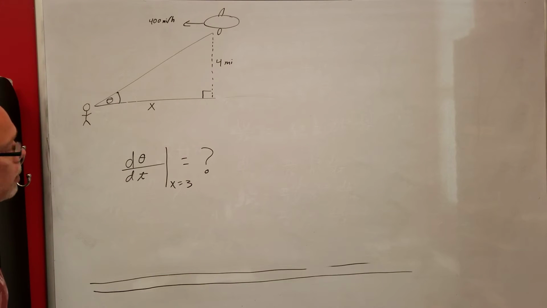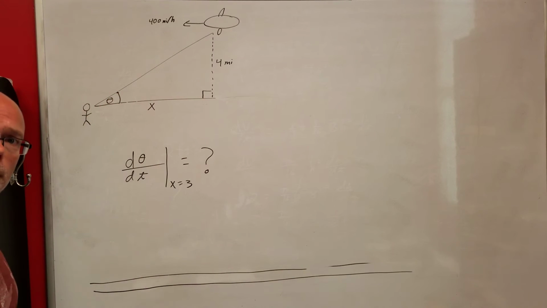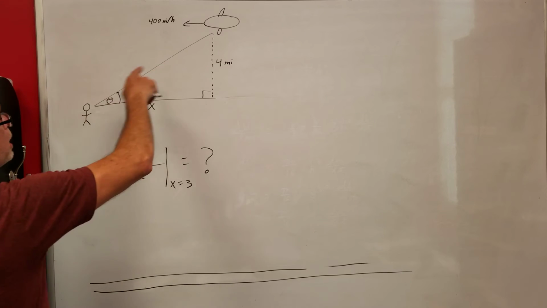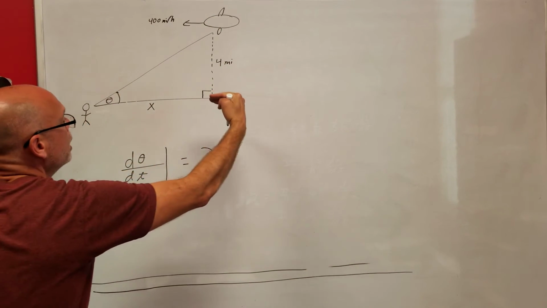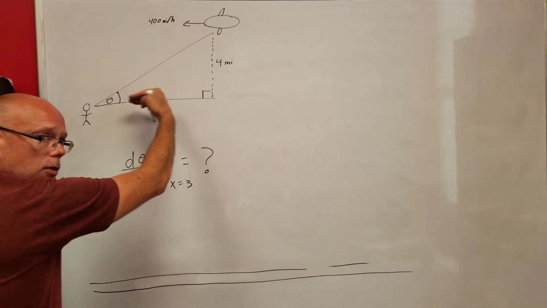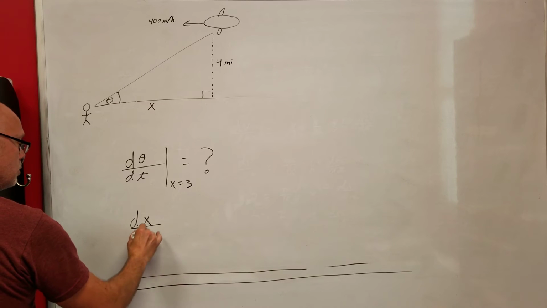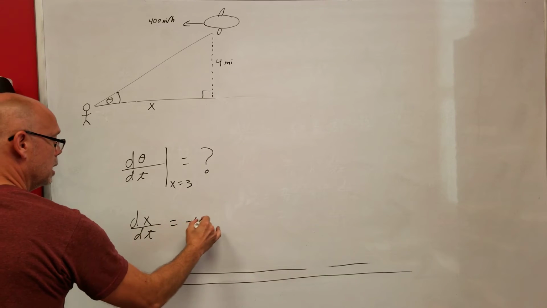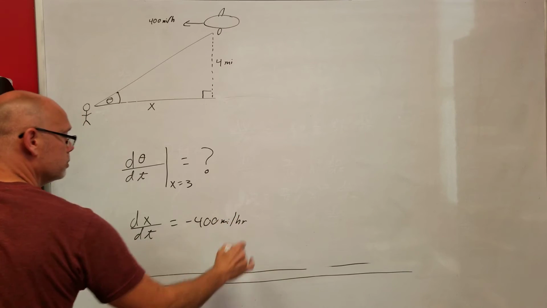Actually, there was a derivative that was given to us: 400 miles per hour. That's a rate of change, right? Which part of my triangle changes at 400 miles per hour if my plane is flying that way? This x part's going to change, right? So the change in x with respect to time is going to be negative 400 miles per hour.